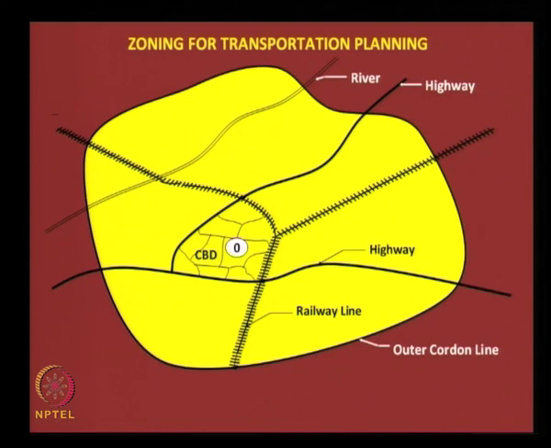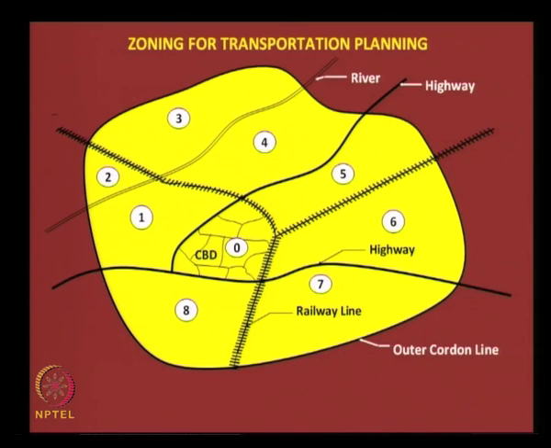There are clear cut man made barriers in this case defining the sector boundary. Then give numbers for the other sectors, sectors 1, 2, 3, 4, 5, 6, 7 and 8. Just we have numbered in the clockwise direction starting from 1 and ended with number 8.